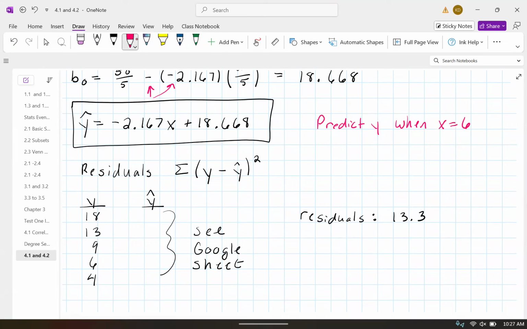Okay, I know we have this on the other sheet, but we're gonna kind of bring it back together. So using our equation, we're gonna predict what our y value should be when our x is 6. So I'm gonna plug that into our equation.